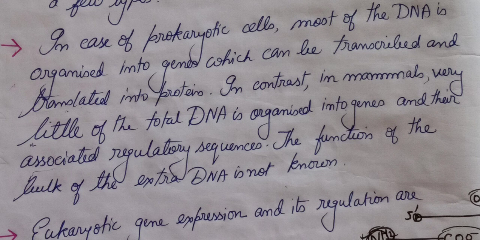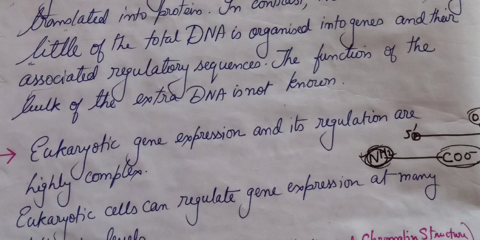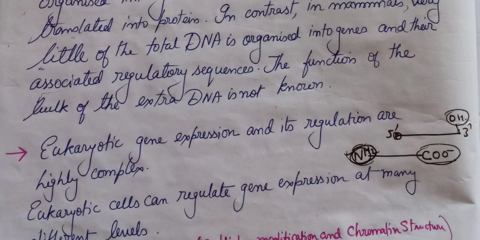One important thing is that there may be regulation of genes involved. So eukaryotic gene expression and regulation are very highly complex. It is not like in prokaryotes, where we talked about the lac operon and tryptophan operon, which are simple.